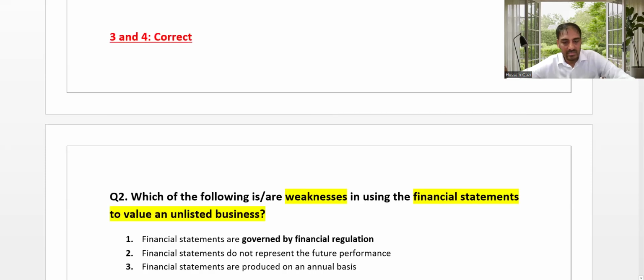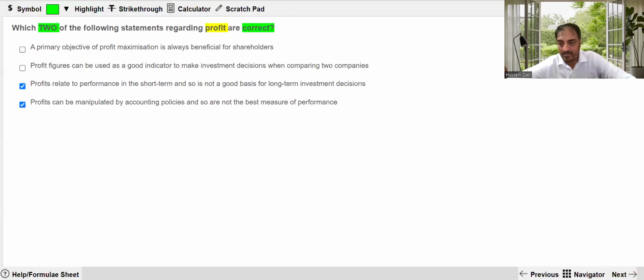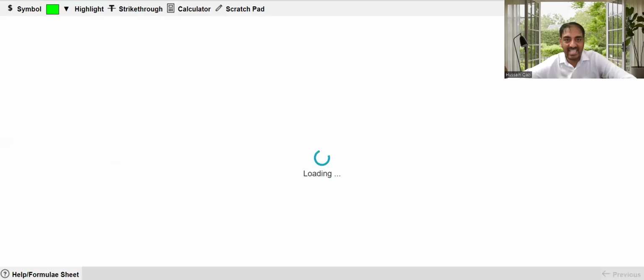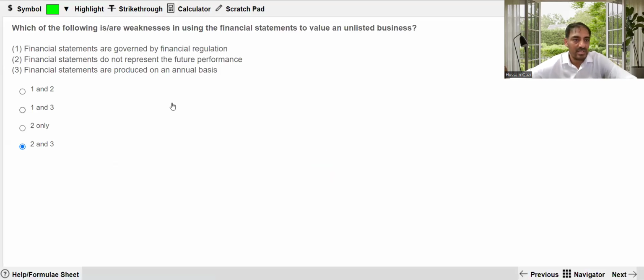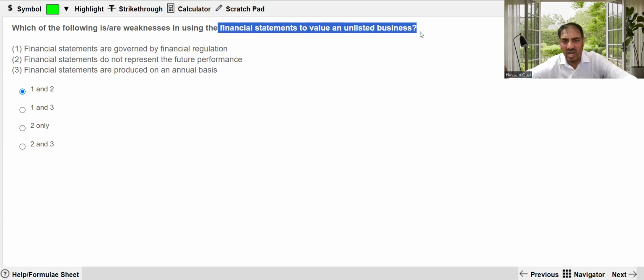Now, next statement. Which of the following is or are weakness in using the financial statement to value an unlisted business? Okay, so this is something about using the financial statement to value an unlisted business.